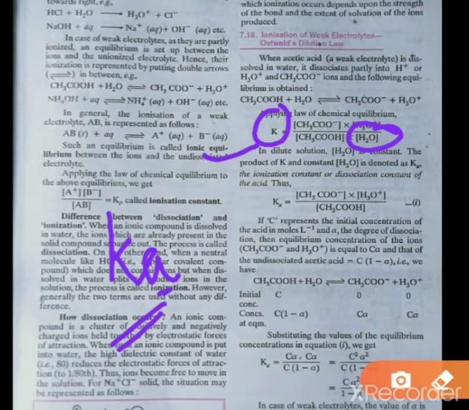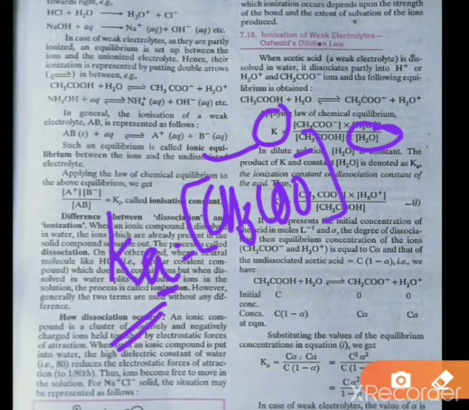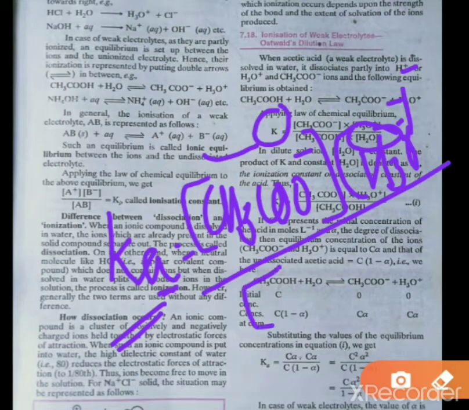So we can write Ka is equal to molar concentration of CH3COO minus into molar concentration of H3O plus divided by molar concentration of CH3COOH.